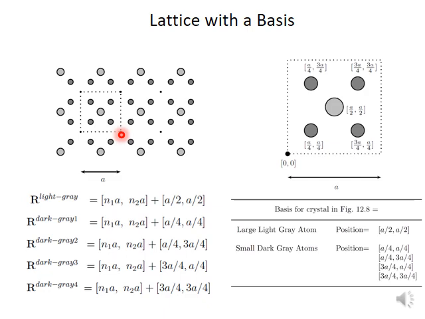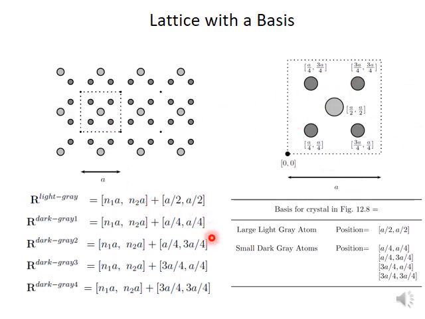For example, if I want to define the position of this light gray circle, I need to identify the location of this lattice point with respect to my origin, which in general is given by n1 and n2, these two integers, plus a half and a half, because this light gray circle is a half along one lattice vector and a half along the second lattice vector, as identified in the basis defined earlier.